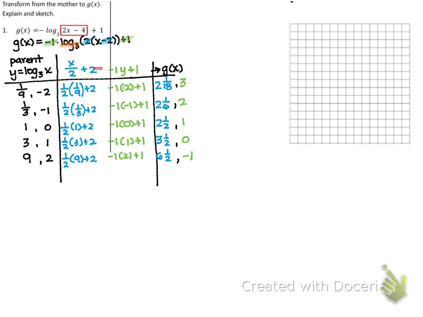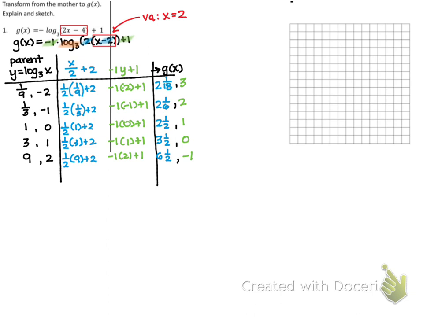Well, you can even look at this one down here. It's the exact same thing. It's just that now we have the factored version of it. So I am going to say that my vertical asymptote, logarithms always have vertical asymptotes, is going to be at x equals 2.